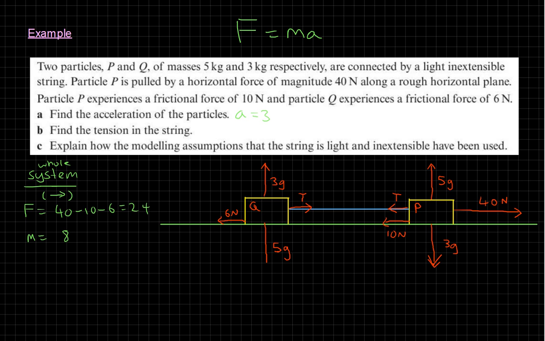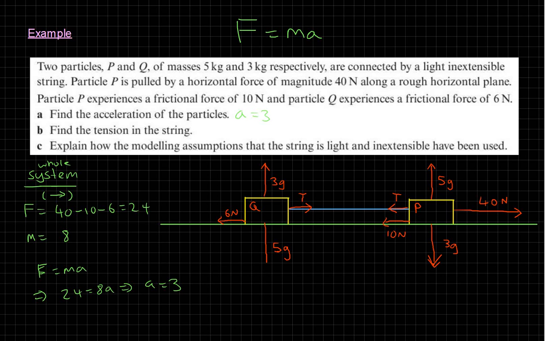So then we've got, again, F equals ma, and that implies that 24 equals 8a, and that implies a equals 3. Okay, I haven't done anything different really, it's exactly the same logic, except this way we've jumped straight to the answer a bit more quickly without having to separate it into considering Q and P separately. Although we should still be able to do that. Hopefully that makes sense.